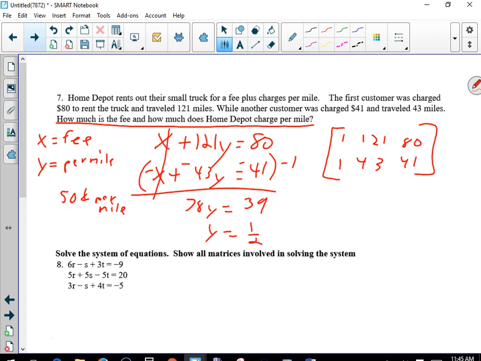And then if you plug 1/2 in for y, you'll get x is 19.5, which means it's $19.50 to rent the truck. Again, if you would have done the matrix, you would have gotten 1, 0, 19.5, and 0, 1, .5.